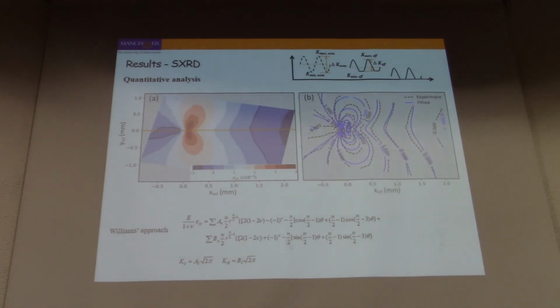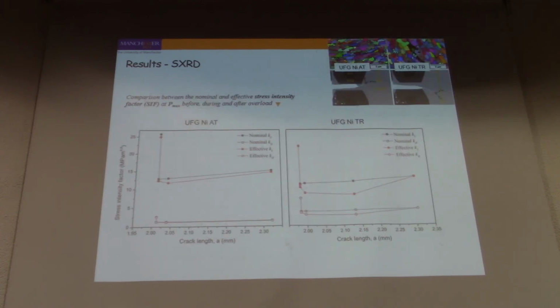We can get the effective Kmax and Kmin, and therefore the effective stress intensity factor range. These are the fitting results at Pmax. We can say that for TR, the stress intensity factor is more significantly reduced.